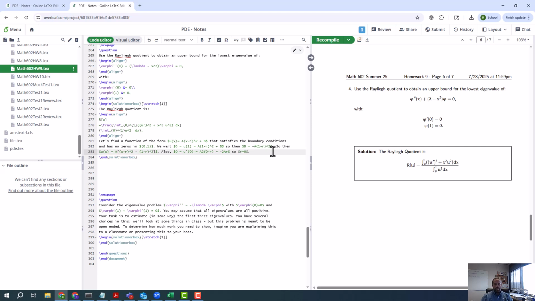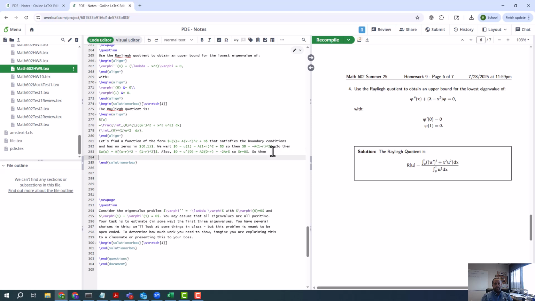All right. So then u of x is equal to a times (x squared minus 1). I don't know if it's good to write it as x minus 1 times x plus 1, but let's make sure the derivative at 0 is 0, because this doesn't look right.